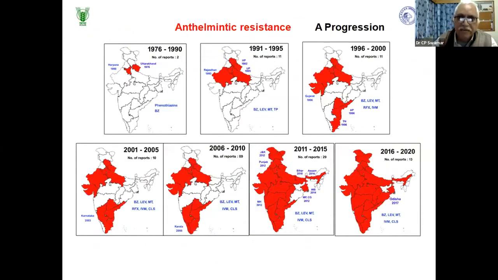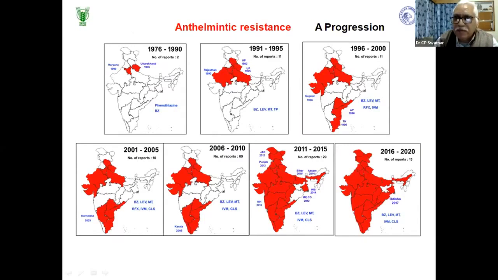And in India, if you see how anthelmintic resistance status has progressed, initially it was detected in 1976 in Uttarakhand, and only then reported in Haryana in 92. In 24 years, only 2 cases were reported from 2 locations. In the next 5 years, there were 11 reports, including Rajasthan, Punjab, Haryana, Uttarakhand, and UP.